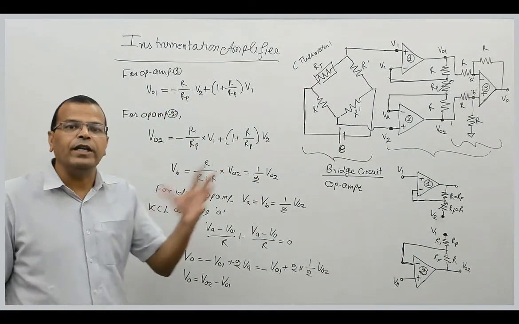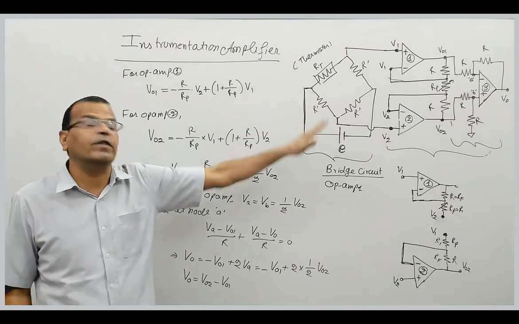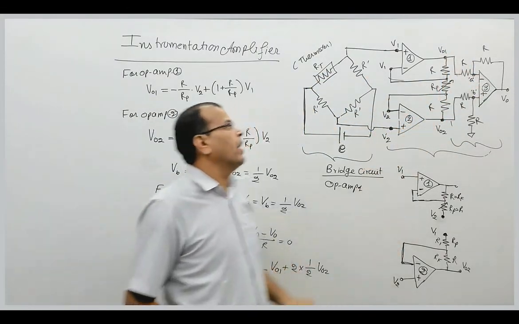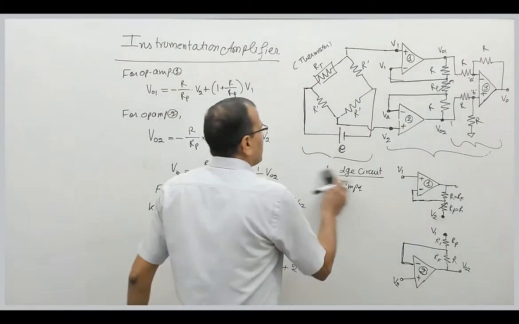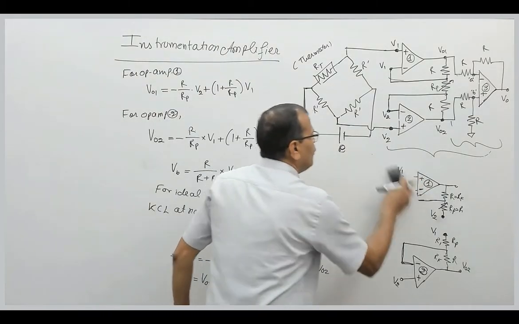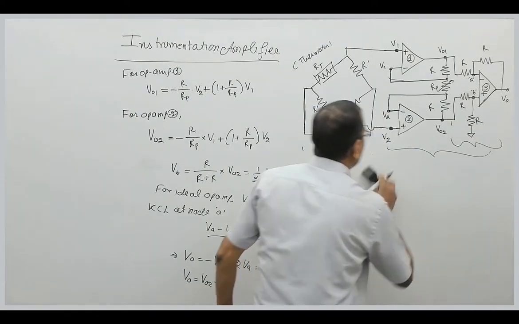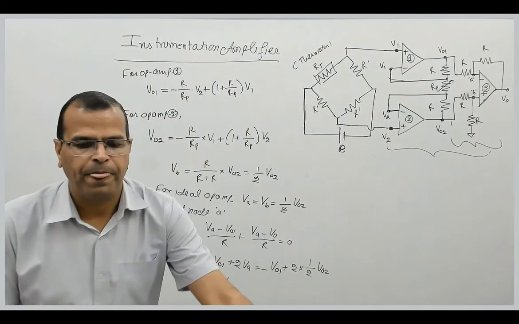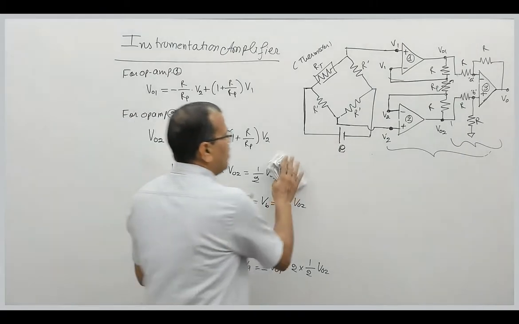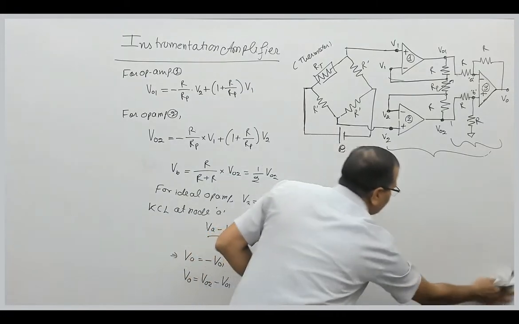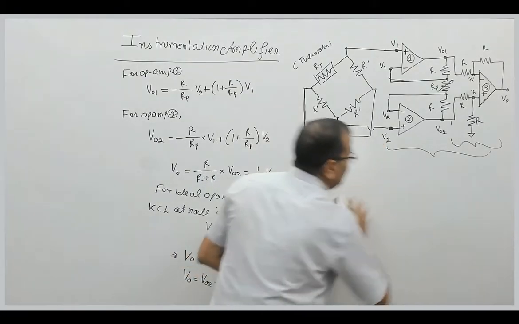Fine. We have already discussed it, you can refer to that, but I have derived the expression for this op-amp 3 as well, right? Now let us see the output of the complete amplifier, that is the instrumentation amplifier. The output of the instrumentation amplifier will be the simple difference of V02 and V01.